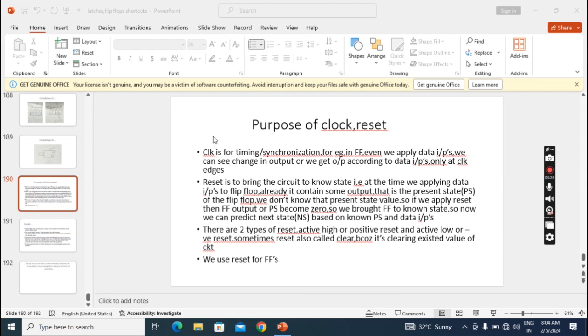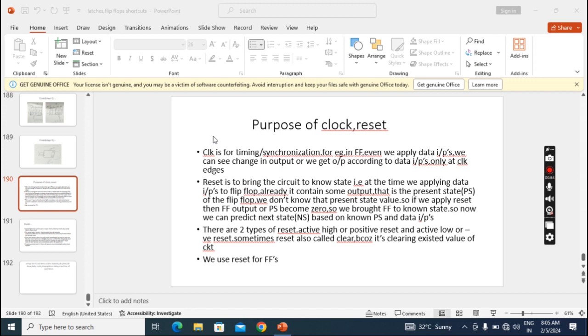So clock is for timing or synchronization. For example, for a flip-flop, even if we apply data inputs, we can get the output only at particular clock edges according to the data input. So that timing or synchronization is given by clock. That is the purpose.